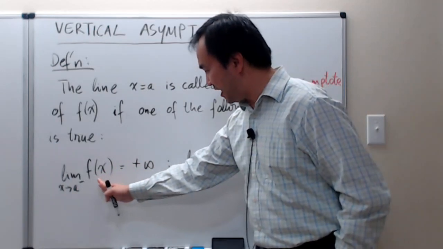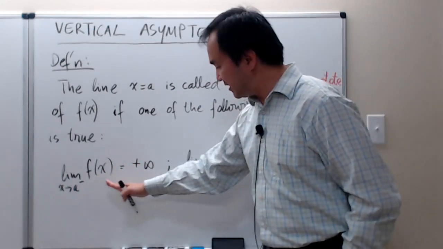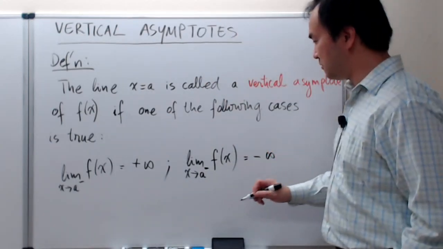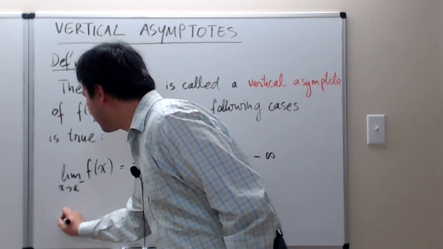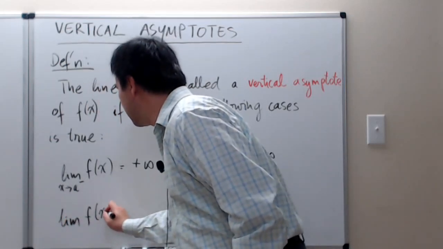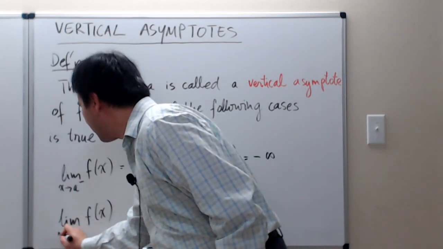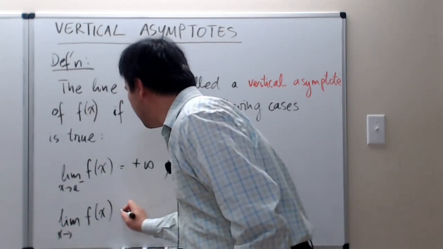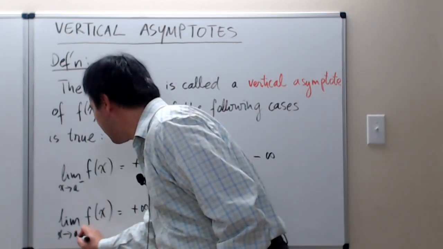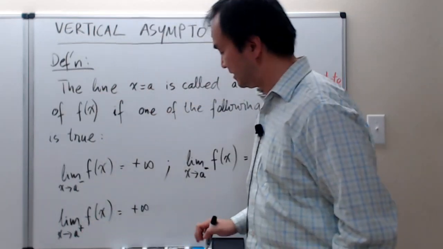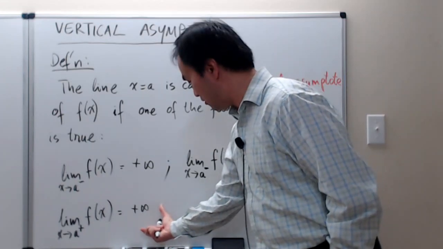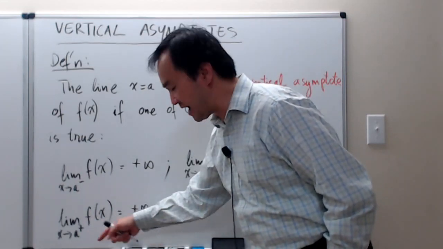But that's not all. Or, if the function goes to positive infinity when x gets close to a from the right-hand side, that's another case that defines having a vertical asymptote at x equals a.